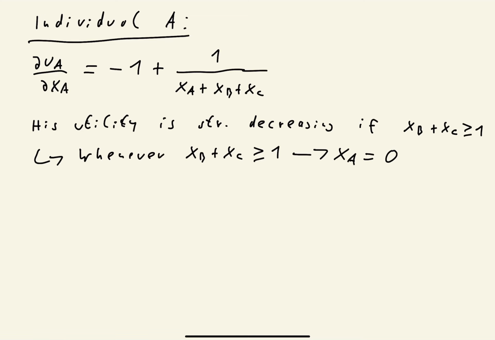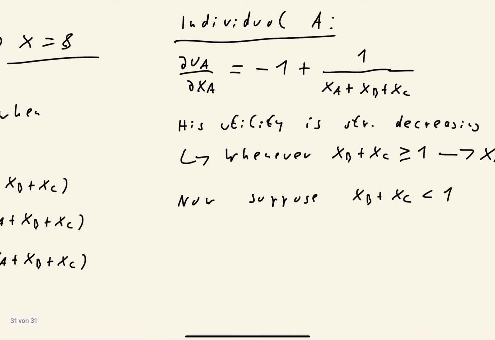So now, suppose that the sum of contributions of the rivals is strictly smaller than 1. Now the thing is that if this holds, then for some amount of xa, the marginal utility might be for sure strictly increasing.